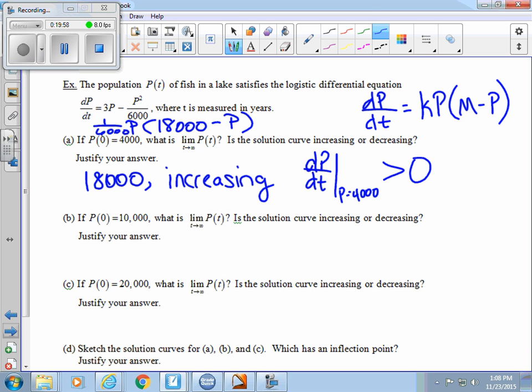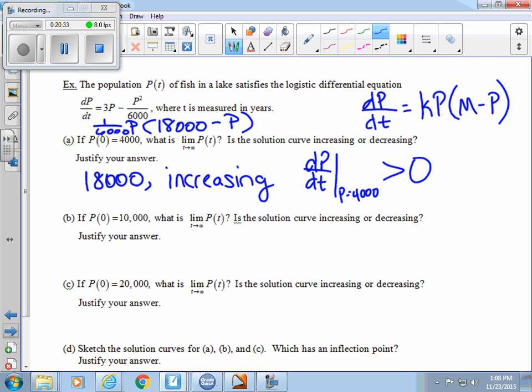What is dp dt again? Derivative, which is, what's another word for that? The slope. So since dp dt is greater than 0. Now, you can imagine if you plugged in 190,000, what would happen? It'd be negative, right? Because that second piece would be negative, right? So that's when you're going to have it.